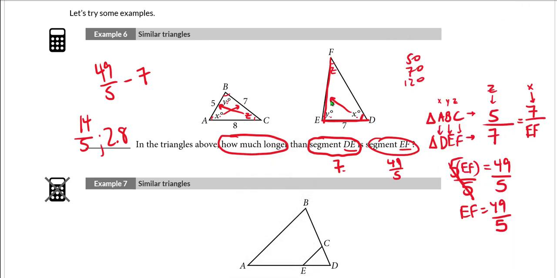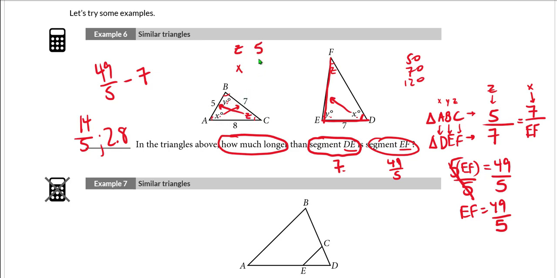Is there another way to do this? Yeah, there are other ways to do this. You could use the ratio of two sides in this triangle and compare them to two sides in this triangle. For instance, I could use the Z angle and the X angle. So the Z angle in this triangle over here, the side opposite the Z is 5.